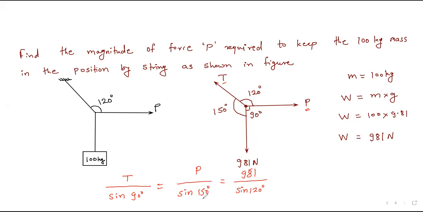First equate the first term and third term, you will get the value of tension in the string. Then you can equate the second term and third term, you will get the value of force P. Okay. So if I equate these, then I will write here P divided by sine of 150, which is equal to 981 divided by sine of 120.